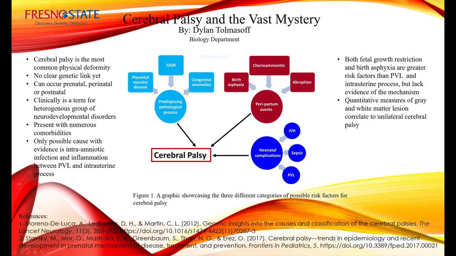The next characteristic is the predominant type of motor impairment, which are spastic, ataxic, dyskinetic, and/or mixed. The involvement of each limb or trunk differentiates unilateral or bilateral anatomical distributions, which are monoplegia, diplegia, triplegia, hemiplegia, and tetraplegia.